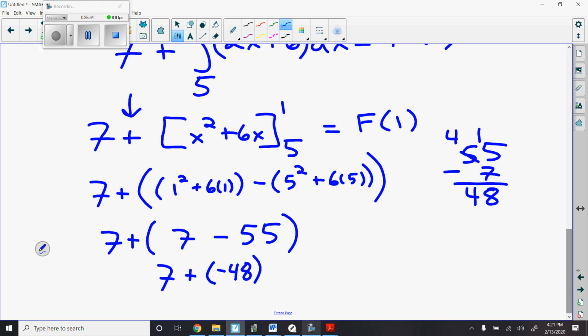And so 7 minus 48 gives us negative 41 for our value of capital F of 1.